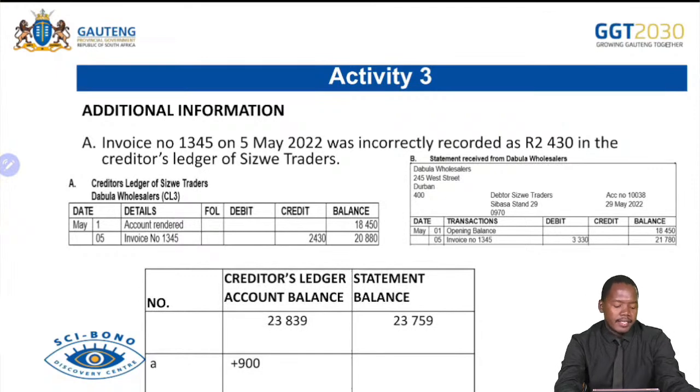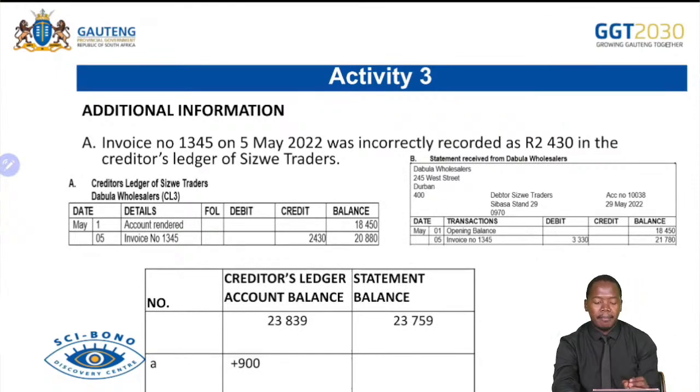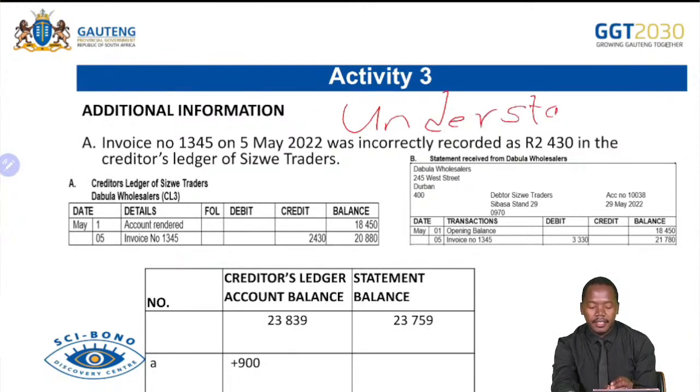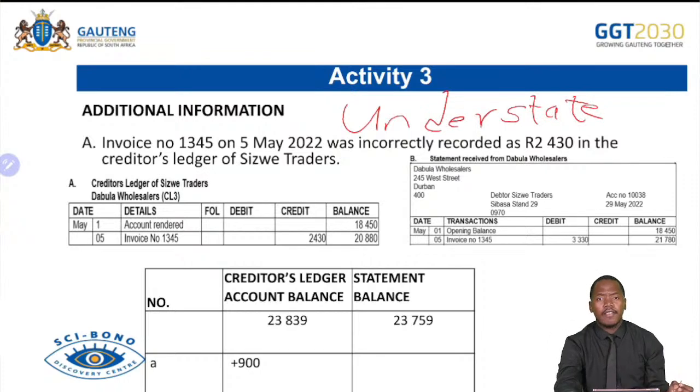How do we enter this? First of all, we have recorded less. It means we have understated. If you've noticed, grade 12s, we keep on repeating the same thing here. An invoice understated, you first find the difference and add.